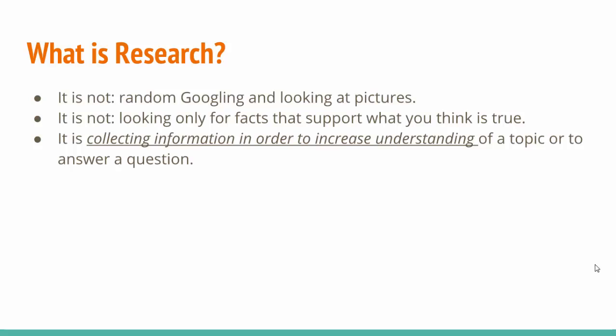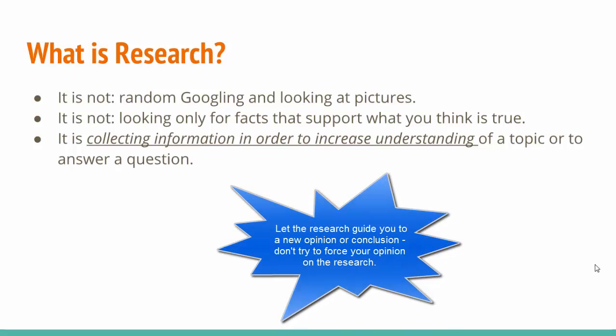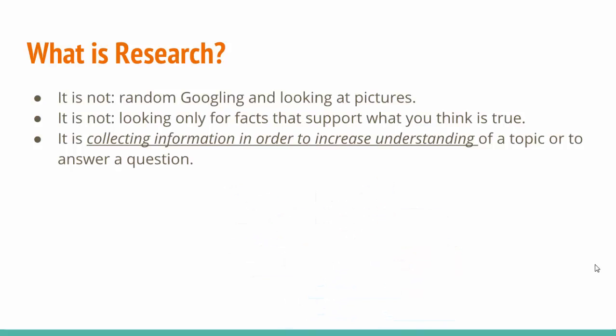Don't simply look for things that you think are true. Instead, collect information in order to increase your understanding. So if your research topic is basketball, instead of finding the things you already know about basketball, just learn about basketball. And at the end of your research process, present the new things that you know.